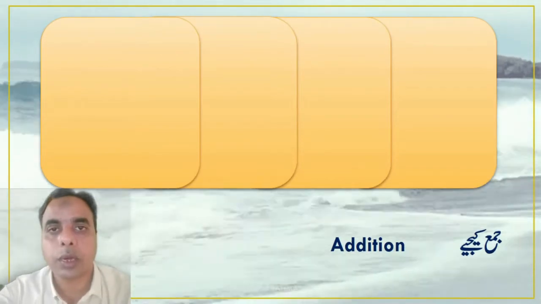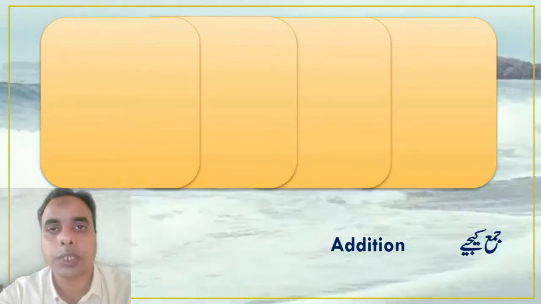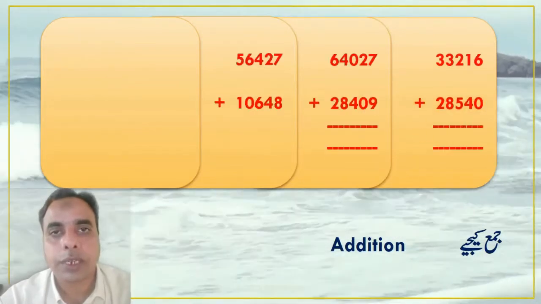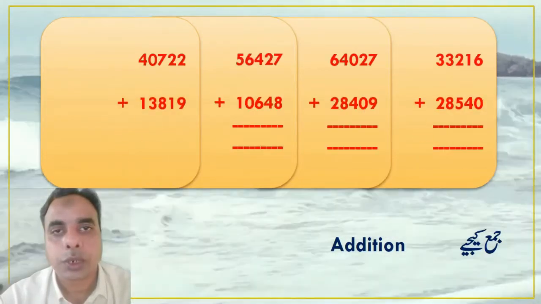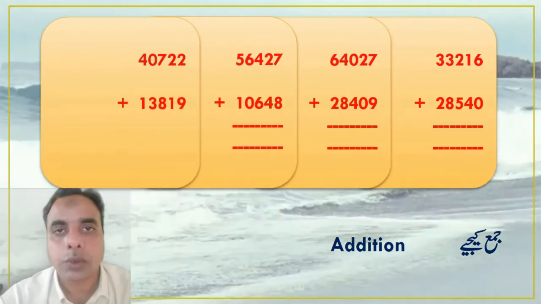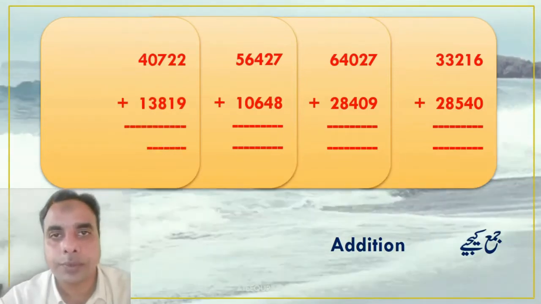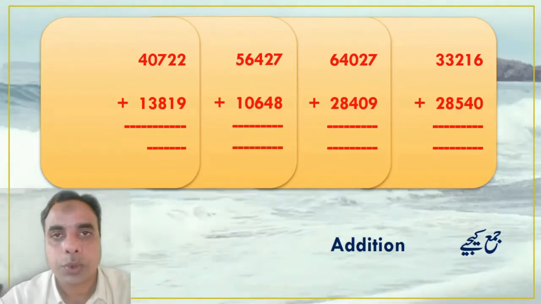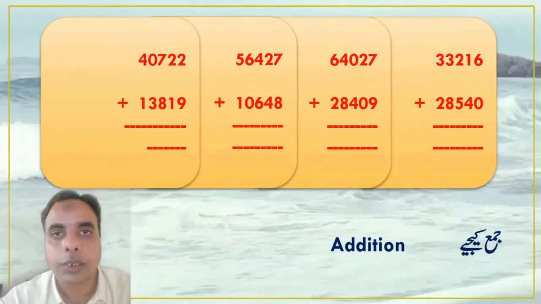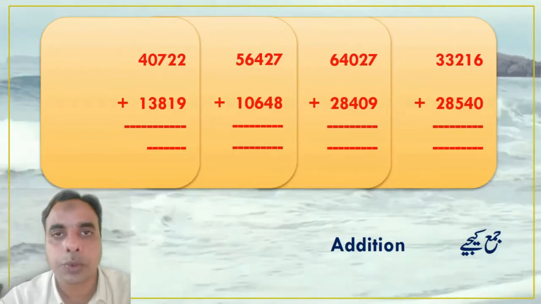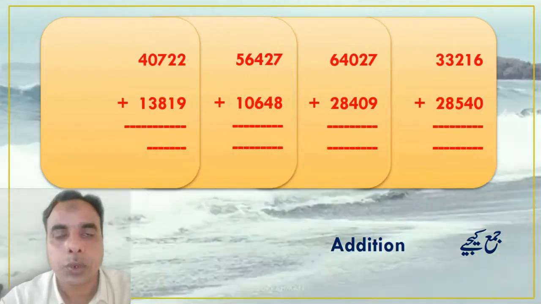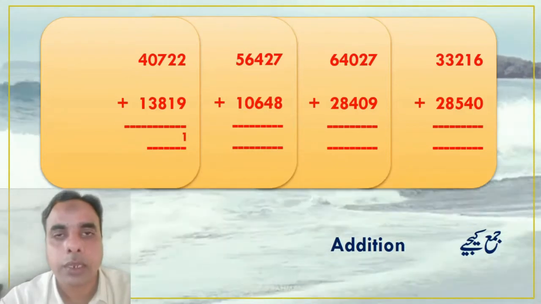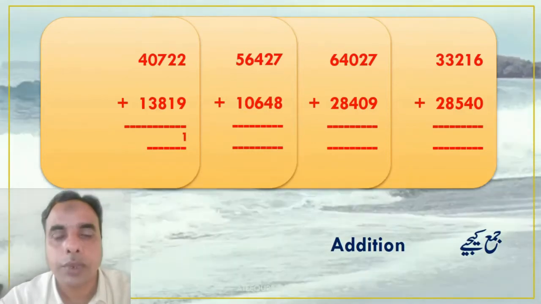On your screen there is a question: 40,722 addition with 13,819. So we are supposed to add here: 2 plus 9 will be 11, and 1 will be carry over.